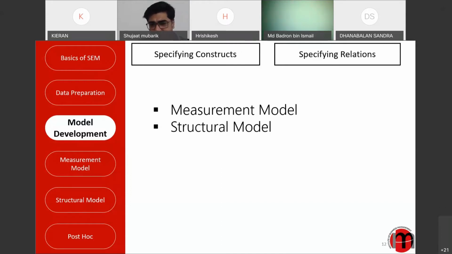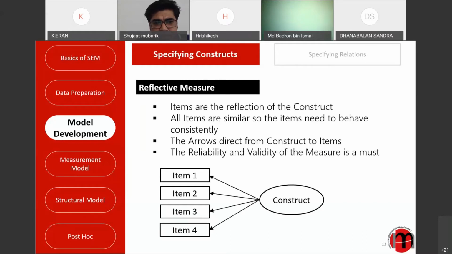But the software is doing these two things simultaneously. For explanation purposes, first we explain the measurement model, which is also called confirmatory factor analysis, and then we go for the structural model analysis, which we can call path analysis, or also hypothesis testing. So let me share what the various things about the measurement model are.